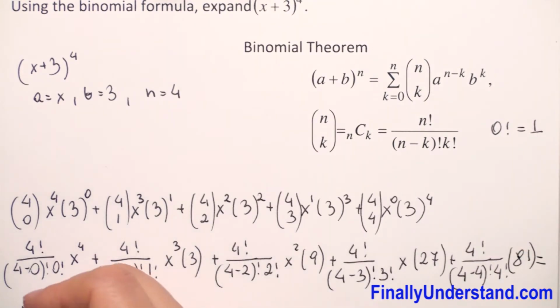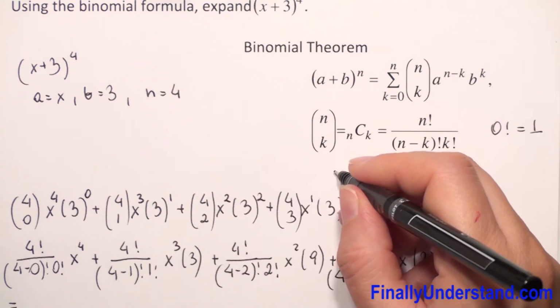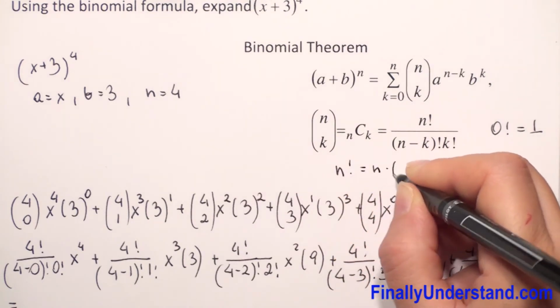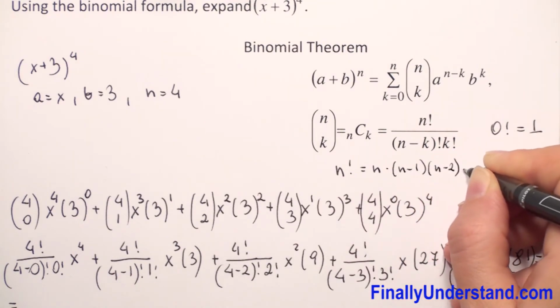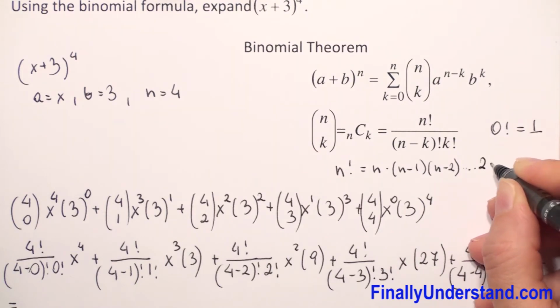So this is equal, now, because we have 4 factorial and in the numerator will be 4 minus 0, so it will be 4 factorial, so we will not have to rewrite 4 factorial. Let me remind you of the definition of factorial. When we have n factorial, this is n times n minus 1 times n minus 2 and so on, times 2 times 1.